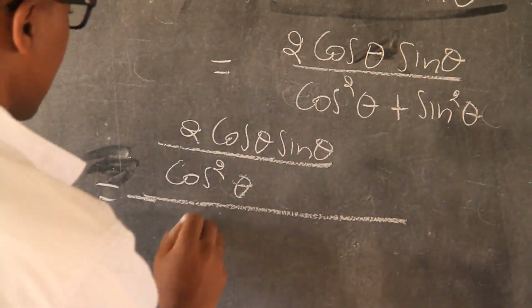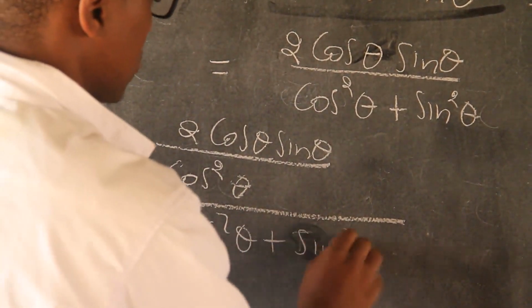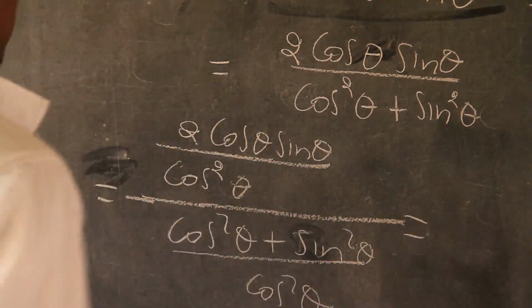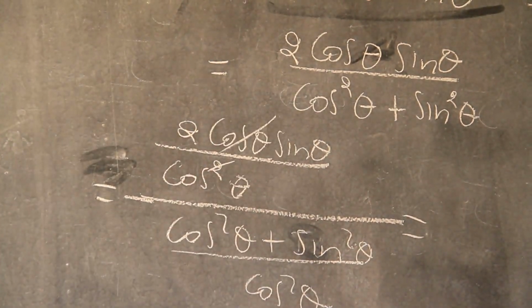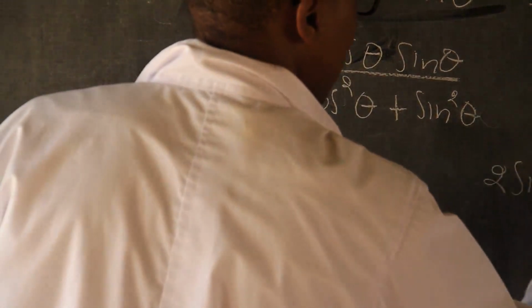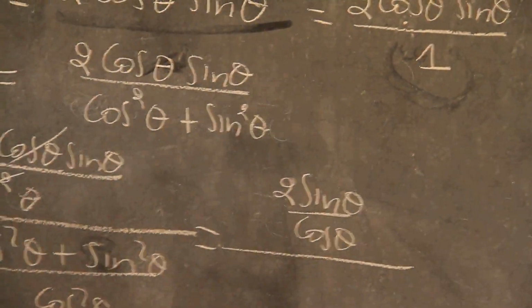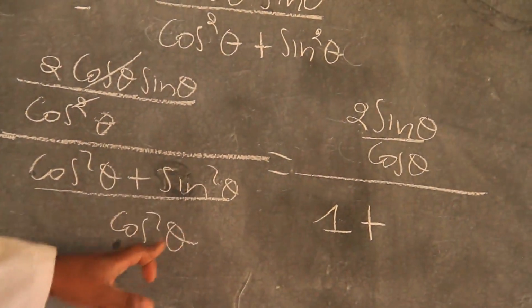If I divide by cos, what happens? This one will be simplified to remain with 2 sine over cos over 1 plus, and sine over cos is tan.